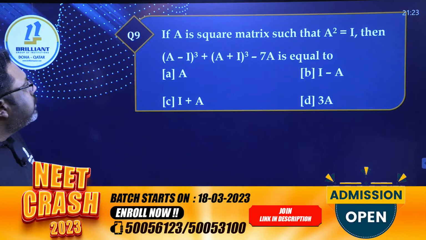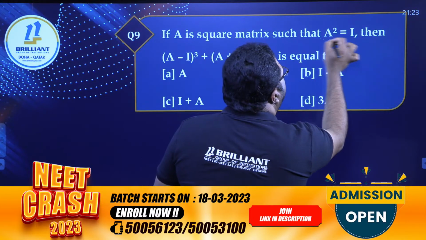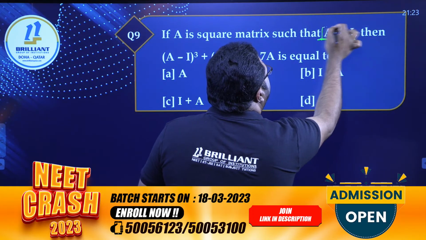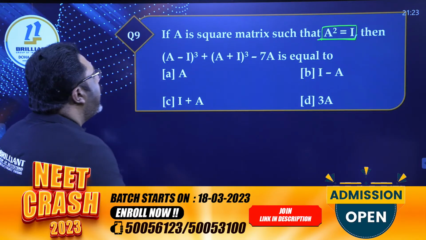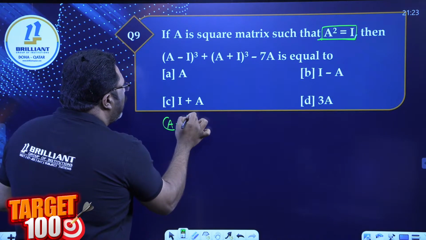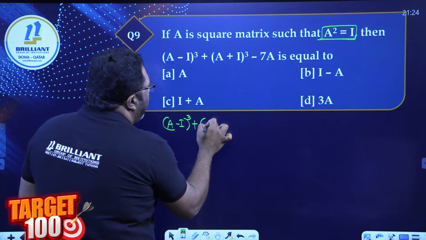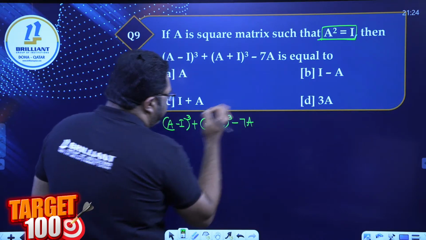Going on to the next question, number 9. A is a square matrix which follows the condition that A squared is I. It's not always true, but in this question they're saying A squared is I. And they're asking you to evaluate (A minus I) cubed plus (A plus I) cubed minus 7A.